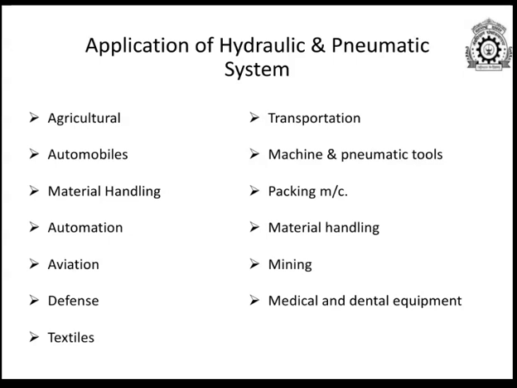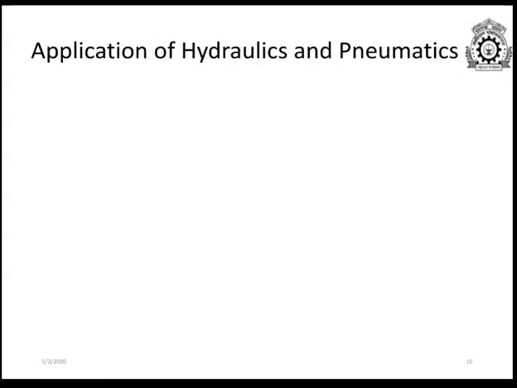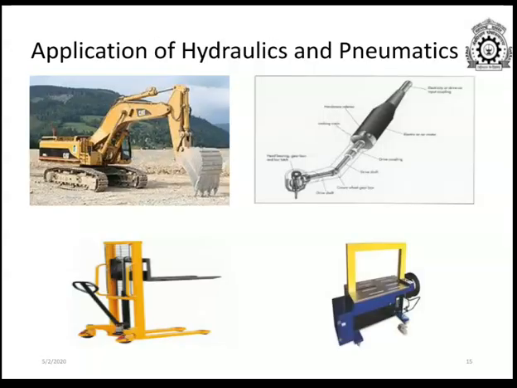In packing machines also, and in mining, medical and dental equipment. So everywhere we can see hydraulic and pneumatic systems. So these are the different figures. We have to identify which one is a hydraulic application and which one is a pneumatic application.